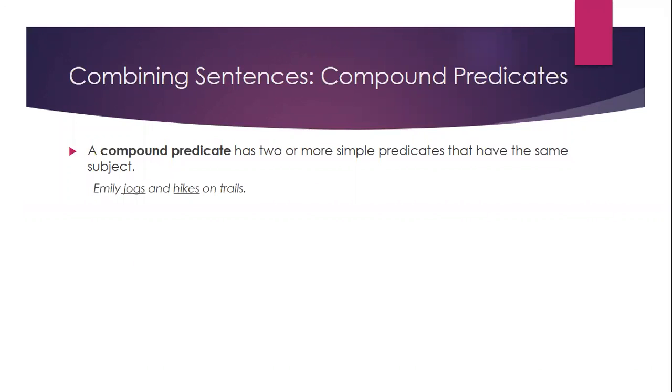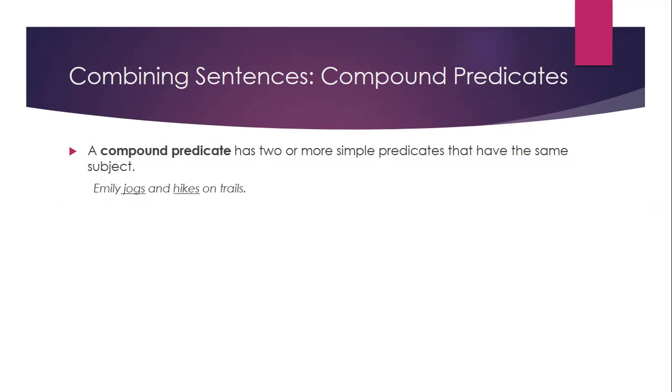A compound predicate has two or more simple predicates that have the same subject. So it is the exact opposite of a compound subject. A compound subject has two or more simple subjects that have the same predicate, whereas the compound predicate here has two or more simple predicates that have the same subject.